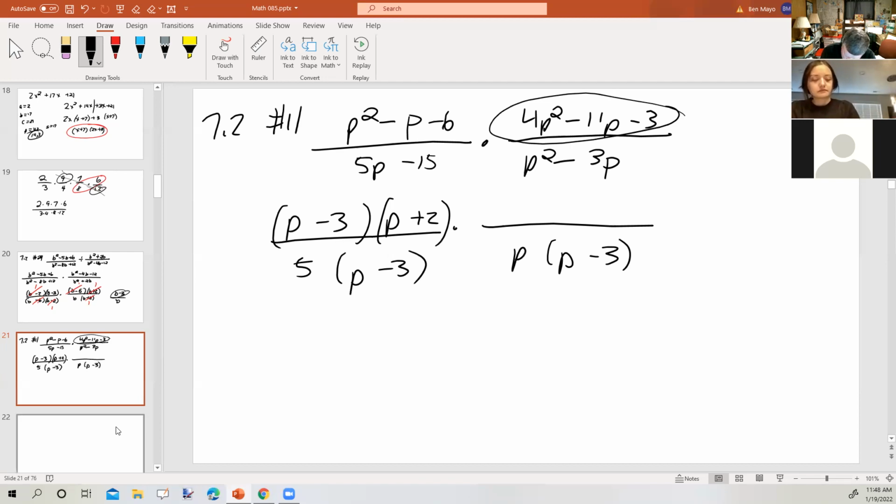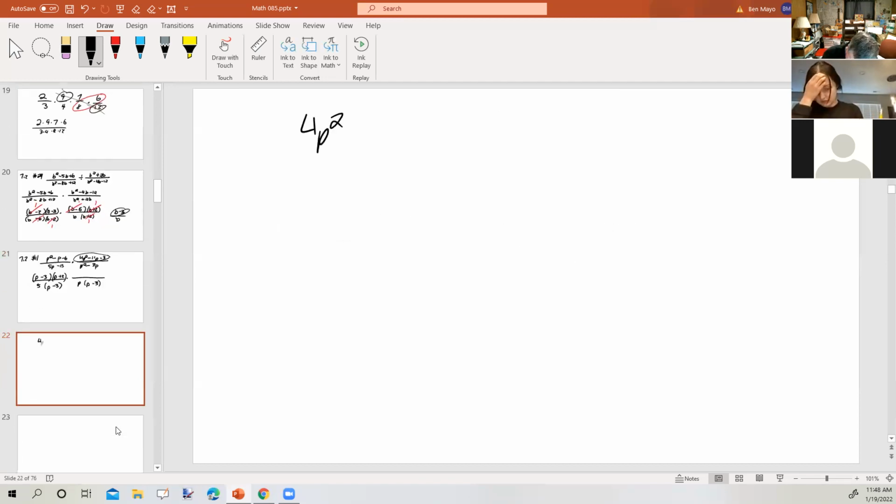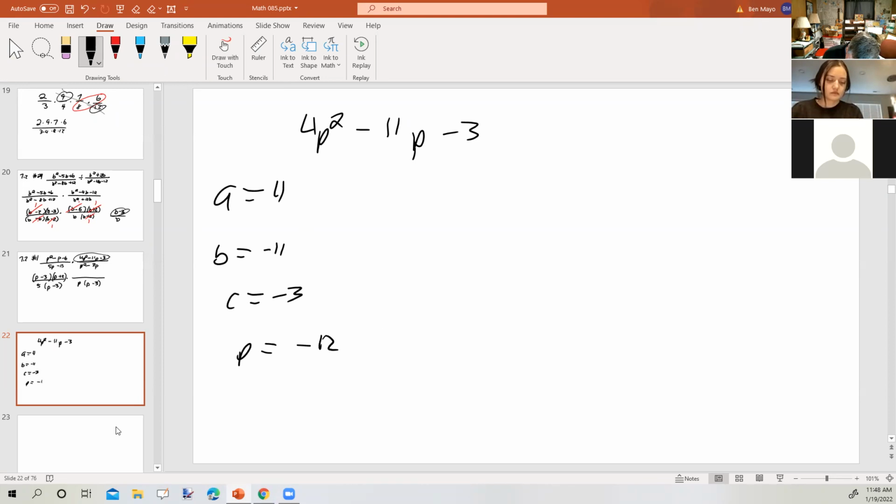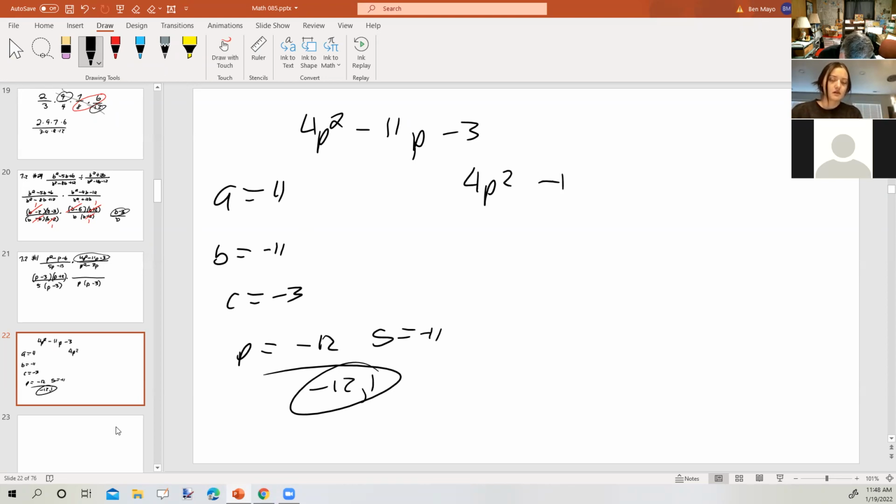4P squared minus 11P minus 3. So A is 4, B is -11, C is -3, product is -12, sum is -11: -12 plus 1. 4P squared minus 12P plus 1P minus 3.